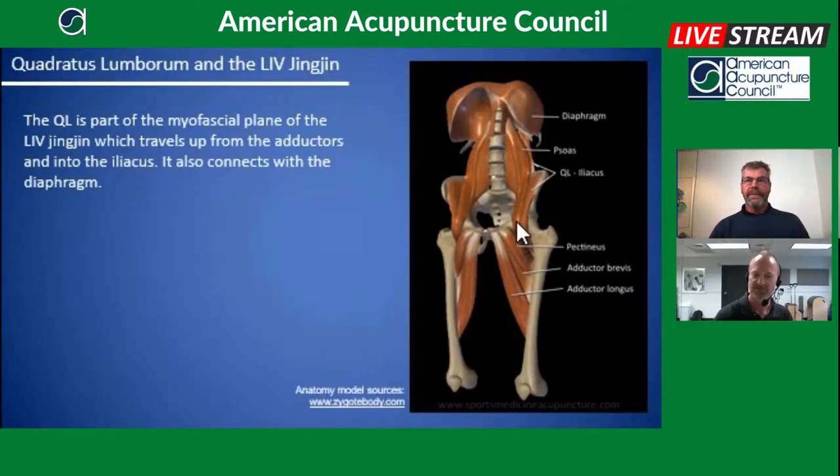Yeah, Brian, what sold me on this one was that day when you gave me a call and said, hey, try this Liver 5 points. In my practice on every person that day, I palpated their quadratus lumborum and then needled Liver 5. And it was remarkable how well Liver 5, the luo point of the liver channel, softened the quadratus lumborum, not just on a couple, but every single one.